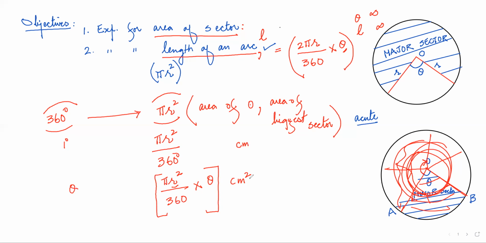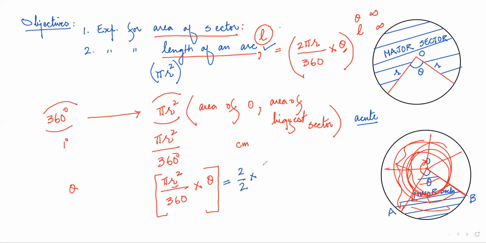Now, we just now discussed that we are going to include the length of arc in this. See how we are including? Very simple. Students, what is the length of arc? 2 pi r divided by 360 into theta. So can we adjust this expression here? Yes. How will we adjust? We will multiply and divide the whole expression by 2.